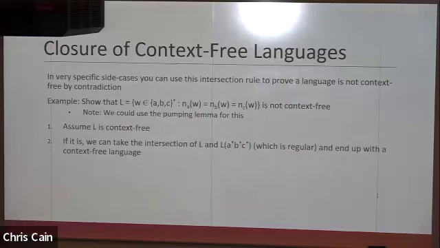So let's look at what happens if we take the intersection of the number of A's in W is equal to the number of B's in W is equal to the number of C's in W and this regular language. What is the intersection of those two languages? What strings belong to both of them?